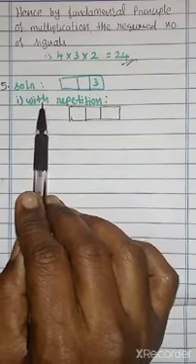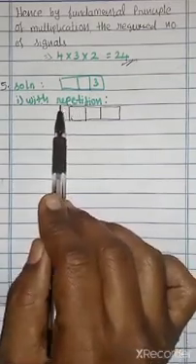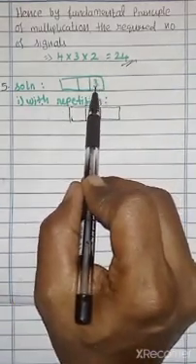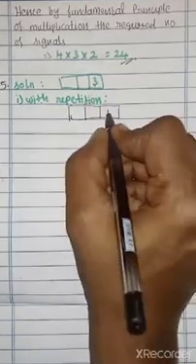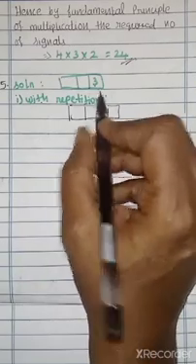What is meant by repetition? The number can be repeated. So in the unit place, how many numbers are there? Only one number, and the one number that we have to use. So only one way in the unit place.